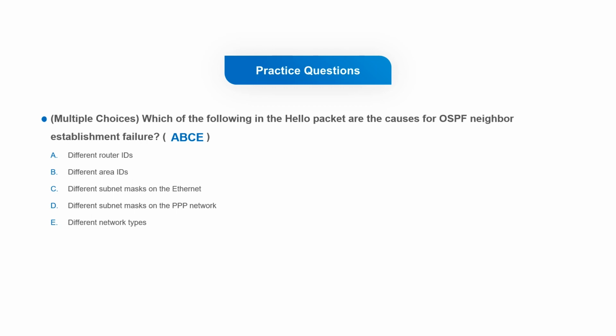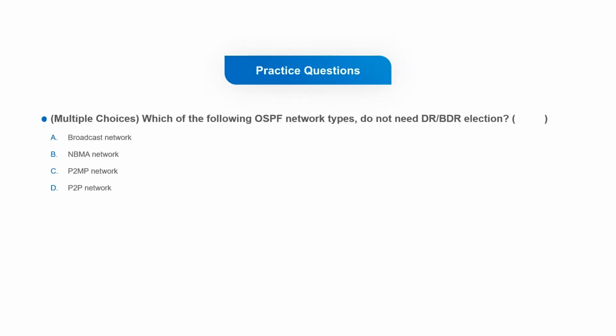And of course, we have to keep the hello interval to be the same. We have to keep the authentication type and the authentication password to be the same. Okay, these are the rules we have to follow so that we can build the neighbor relationship successfully.